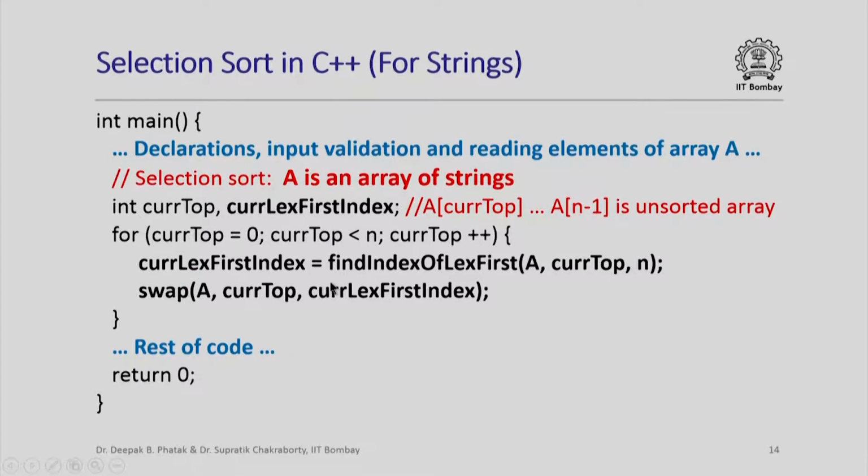So if I use that function, here is how selection sort in C++ for strings might look like. We have almost the same program that we saw earlier, except that now we are going to sort an array of strings.